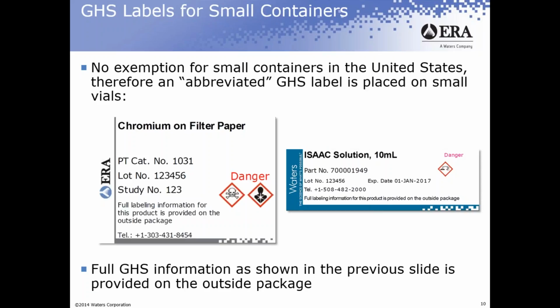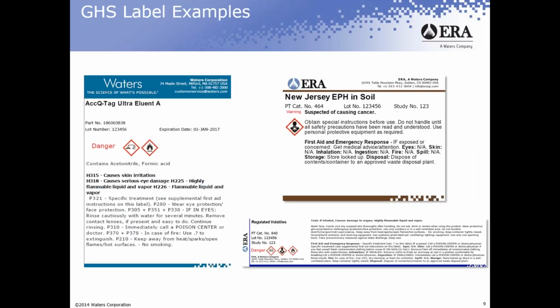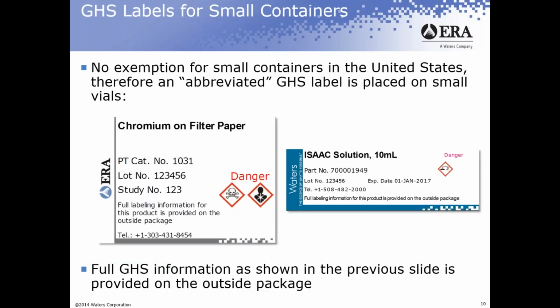So the full GHS information that would be on the outside of the package would be what we saw on the previous slide here. So say you were picking up an ERA product and you saw one of these labels on the outside of the product. On the inside, on the very small containers, you would see these, quote, abbreviated GHS labels. In the United States, this is mandatory.